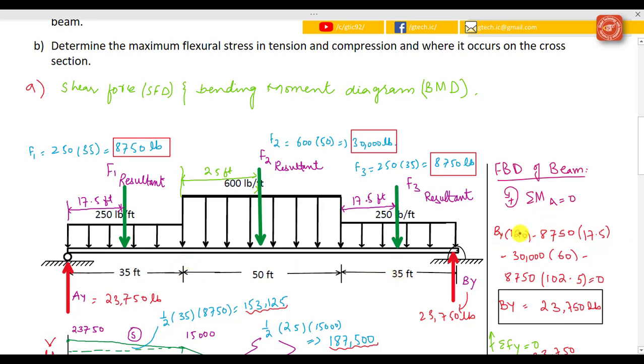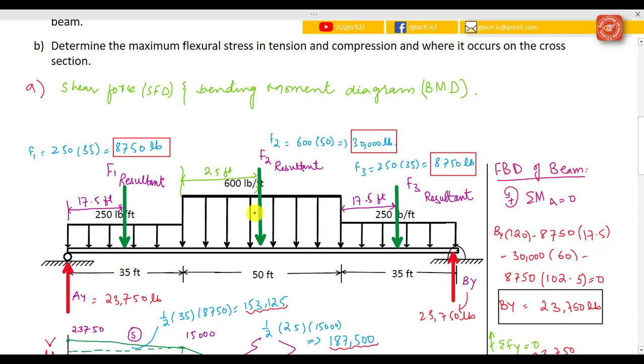Then this resultant force is moving in the clockwise direction, so minus 8,750 times the distance, that is 17.5. As we know, under the UDL condition, the resultant force is applied in the middle of the distributed load. That's why half of the distance would be 17.5, and the total distance of this section is 35 foot.